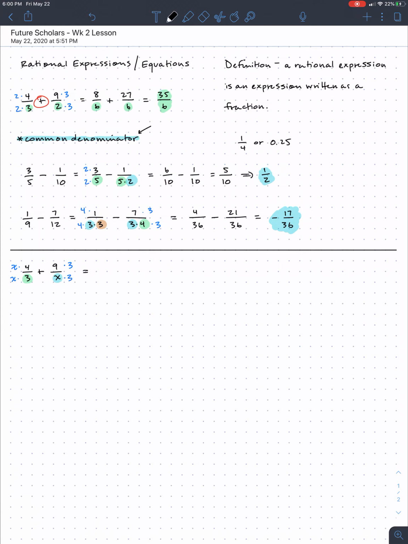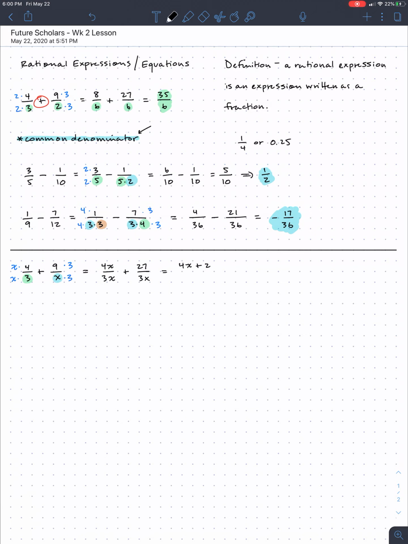So now when I multiply them and combine them, I have 4x over 3x plus 27 over 3x.